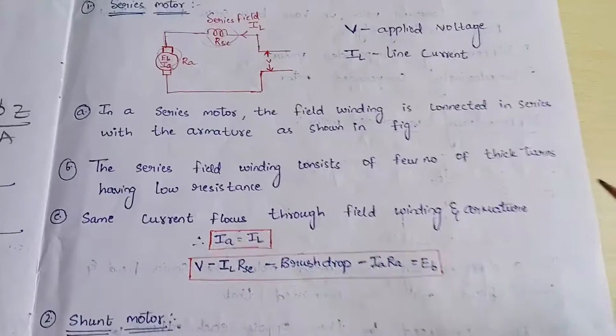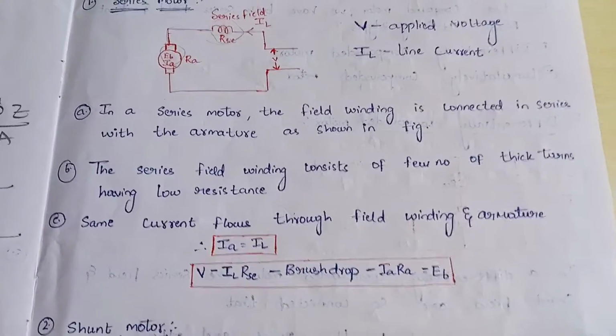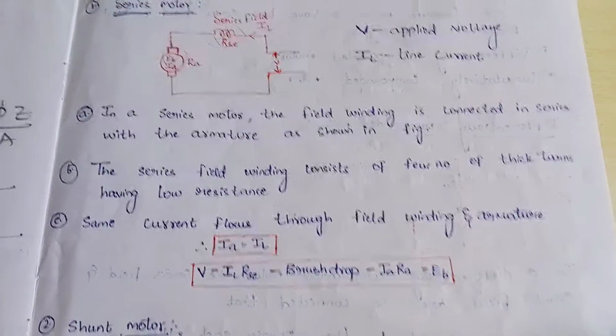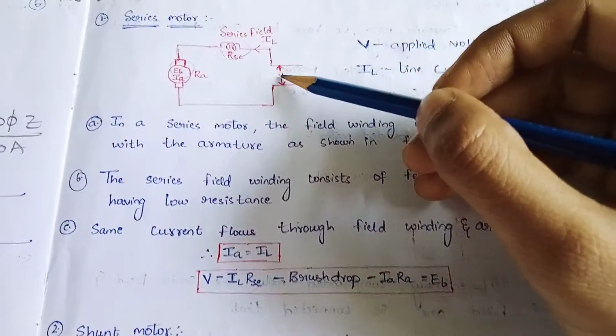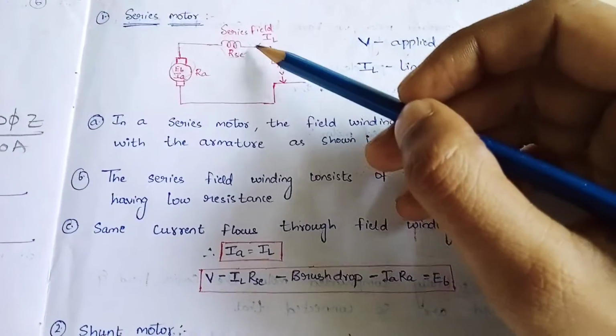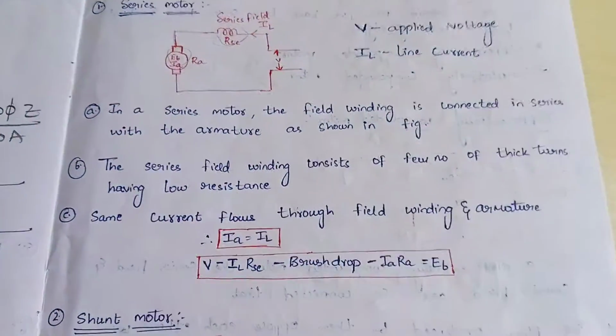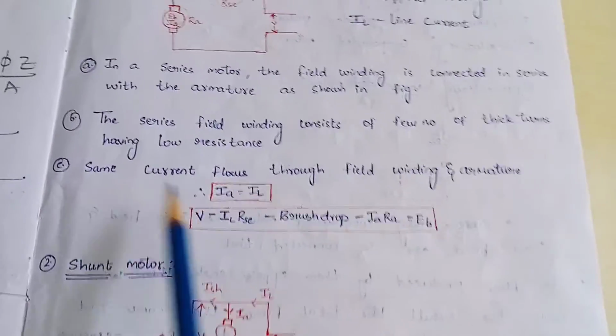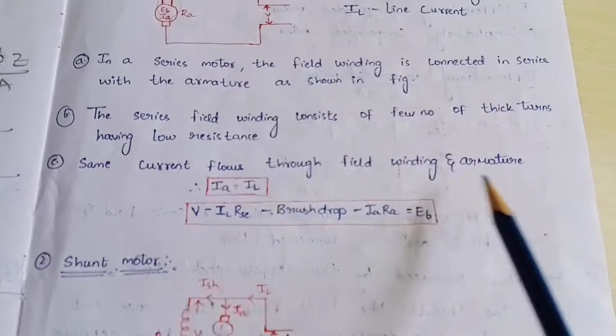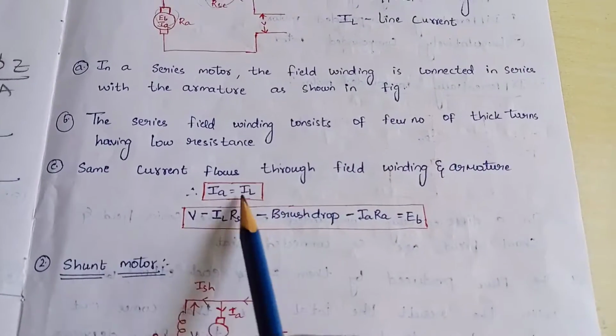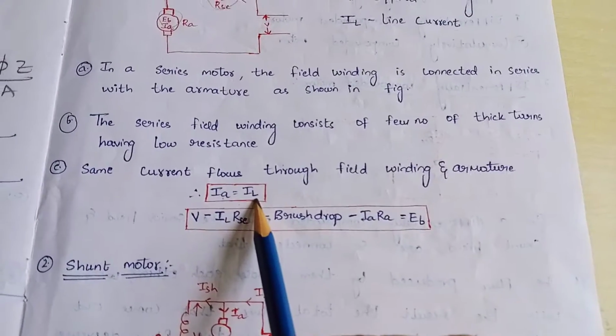Since it is thick, it has low resistance. Since we are supplying the voltage, the same current flows through the field winding and the armature. So we get IA equals IL.